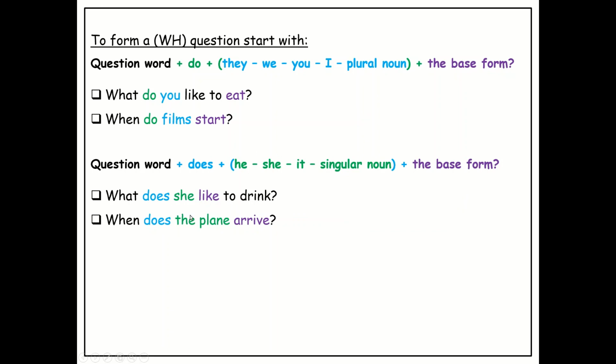So first we have the question word, then does, then the subject, after this the base form of the verb. And the other one, when does the plane arrive? The question word, which is when, plus the auxiliary, which is does, and then the subject, the plane, okay? And after this we have the base form of the verb, which is arrive.